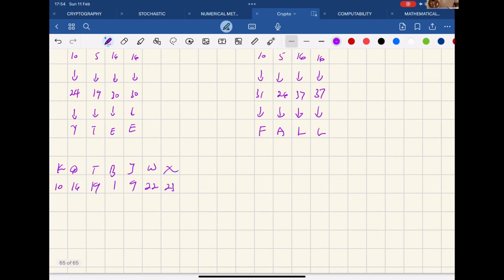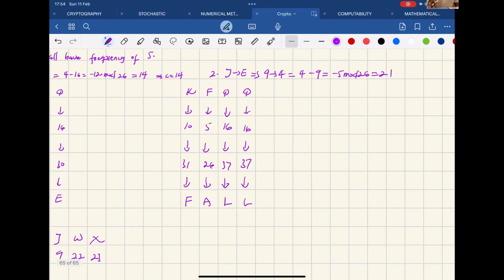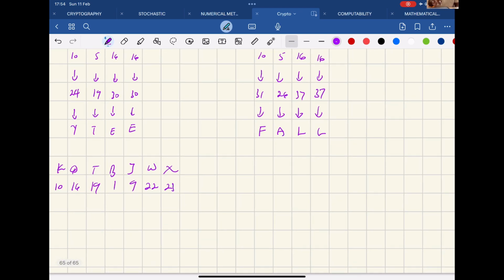Because our C is 21, we add 21 to these letters.